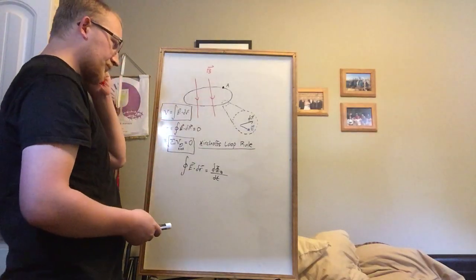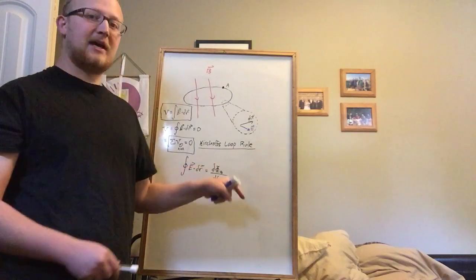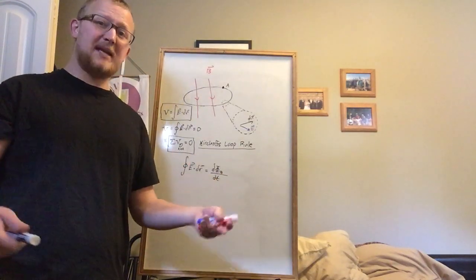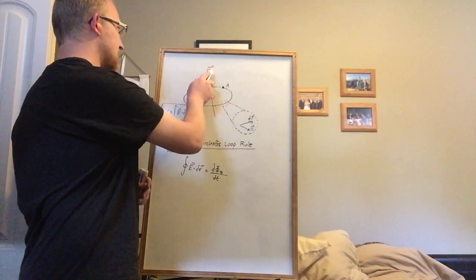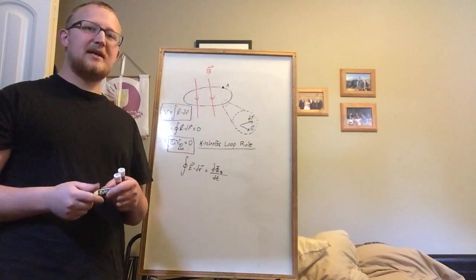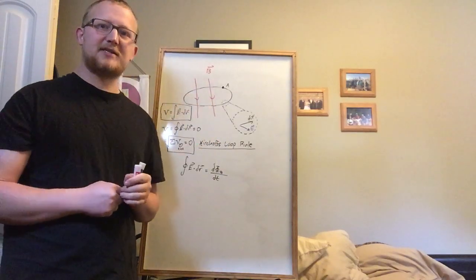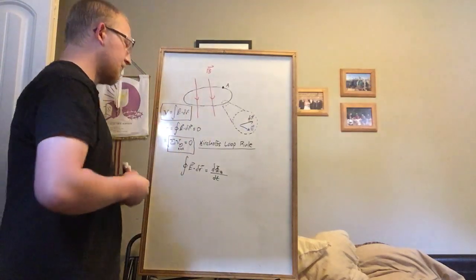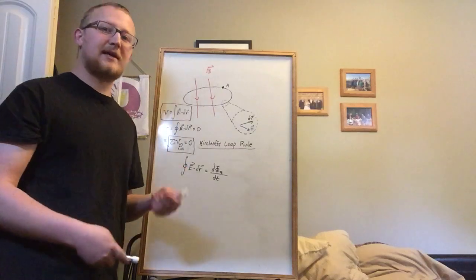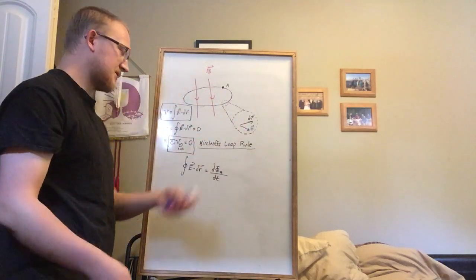So this is our new term right there. And this can be kind of confusing because this is the change in the magnetic flux with respect to time, not just the change in B with respect to time, not just a change in the magnetic field. So if B is constant, like I have it drawn here, it just has 2 flux lines, we'll say, then the flux wouldn't be changing with respect to time, because at 1 second there would be 2 flux lines, at 2 seconds there would be 2 flux lines.